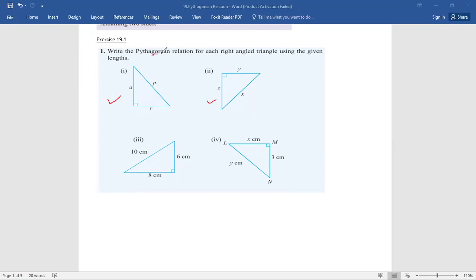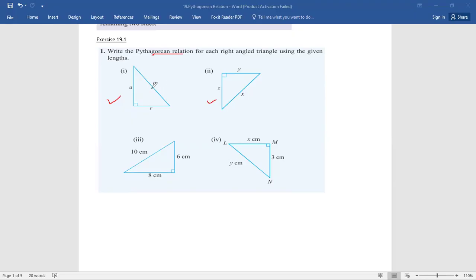Write the Pythagorean relation for each right angle triangle using the given lengths. These are the lengths: P, A, R, and X, Y, Z. First of all, you need to identify the hypotenuse.